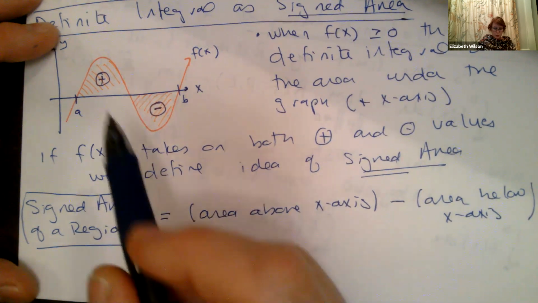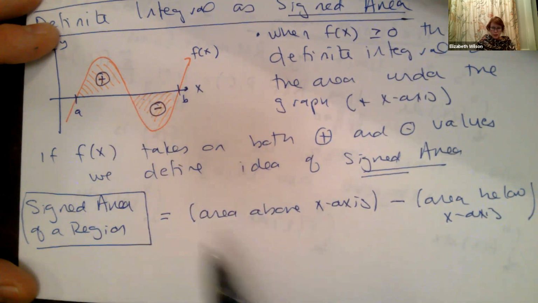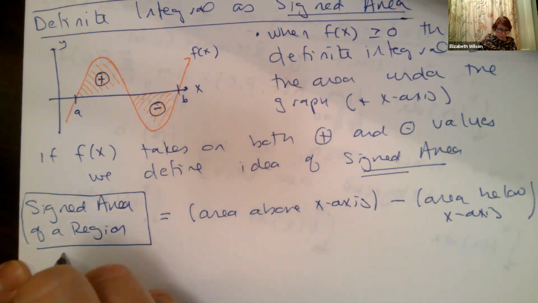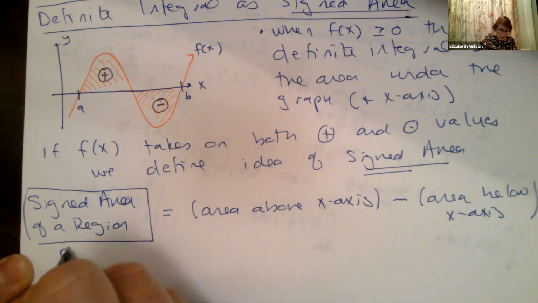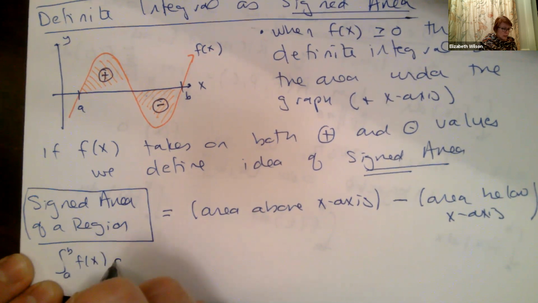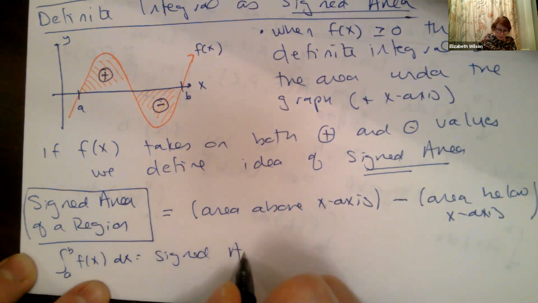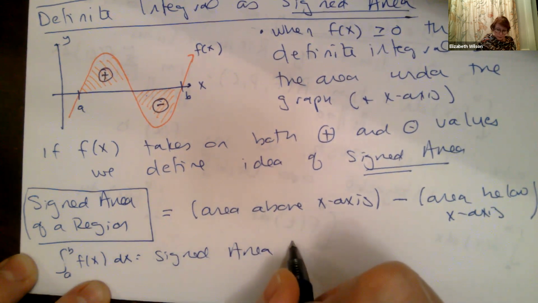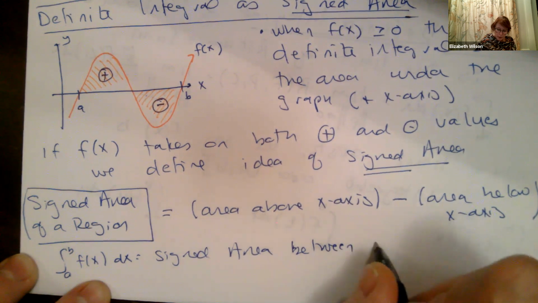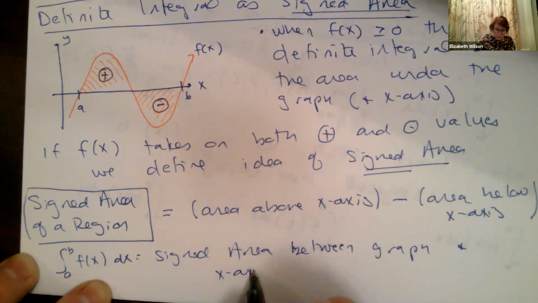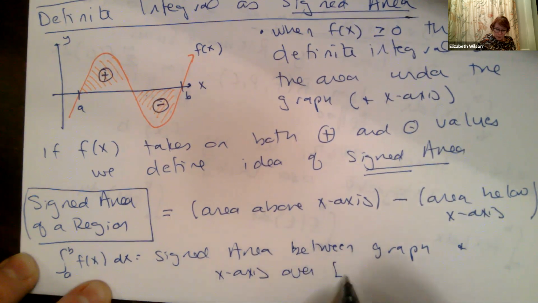Okay, we're going to subtract these when we just integrate willy-nilly from A to B. Okay, so that's like saying the integral from A to B of f of x dx is equal to the signed area between the graph and the x-axis over the interval A to B.